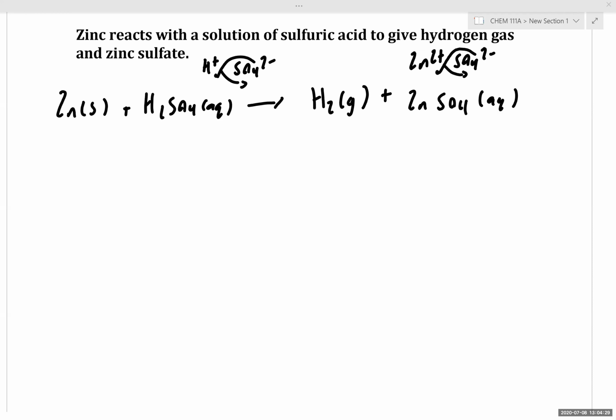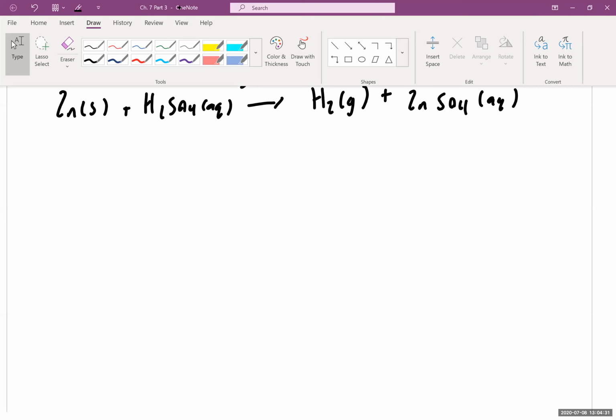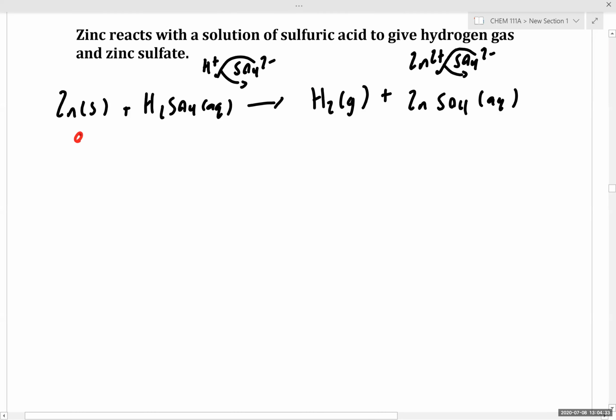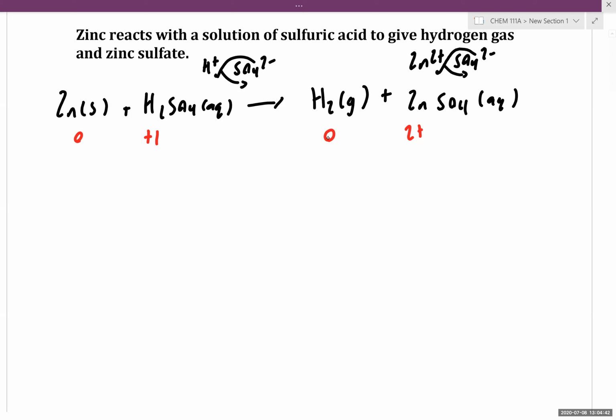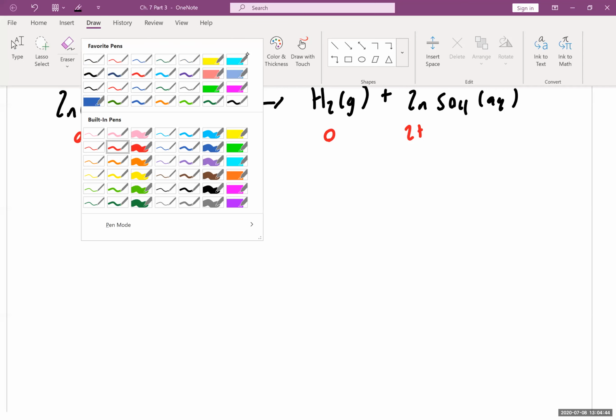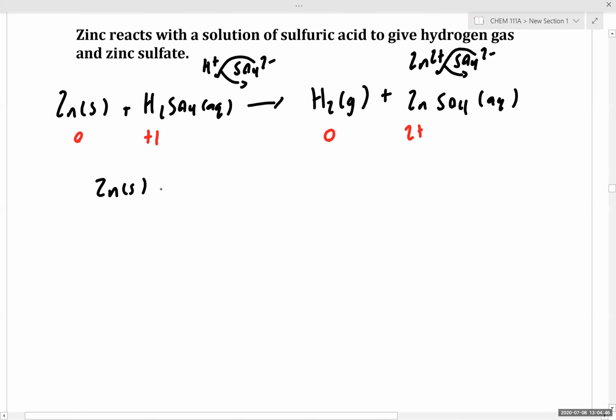Okay, so let's discuss this example. So assigning oxidation numbers, we went from zinc 0 to zinc 2 plus. Hydrogen, we went from +1 to 0. So looking at zinc initially, so we have zinc solid going to zinc 2 plus.